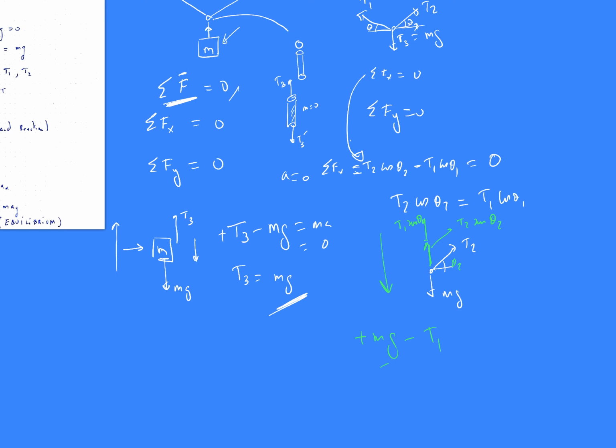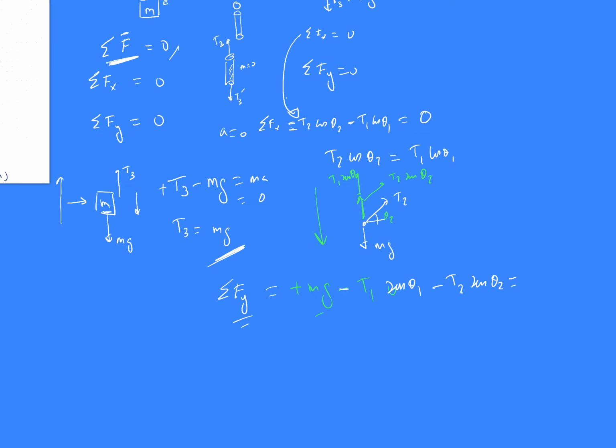T1 sine of theta 1 going in the negative direction, going upward, because I chose it like this, minus T2 sine of theta 2. And this is the sum for the forces in the y direction. And what is the sum of all the forces in the y direction? It is the mass by the acceleration in the y direction. But because the acceleration is 0, this is 0.